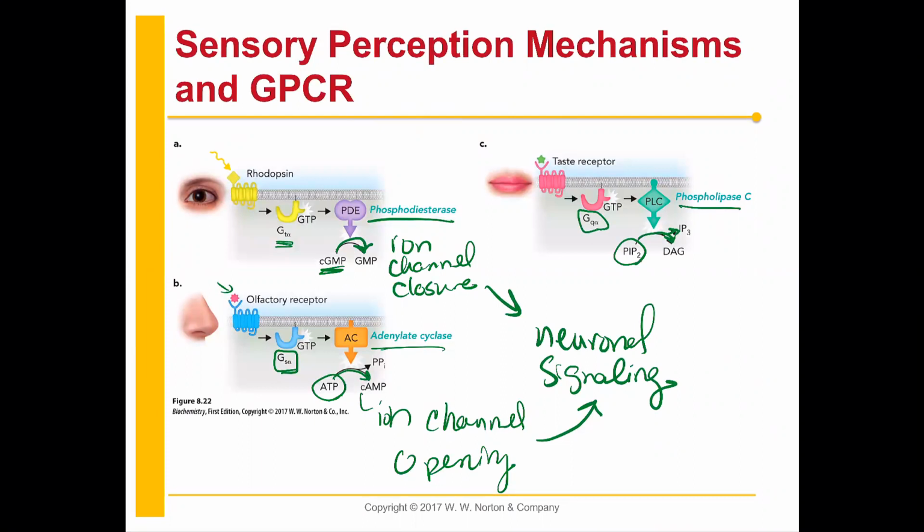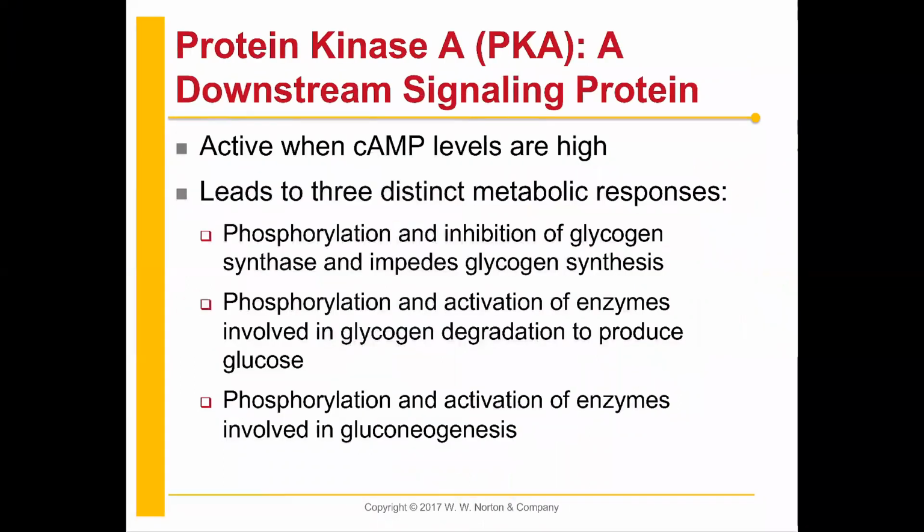When that happens, these two are going to cause an ion channel closure, which then induces a neuronal signal. So all of this is required for us to be able to have our senses, which are really pretty nice. Okay, so let's get into a little bit more detail.